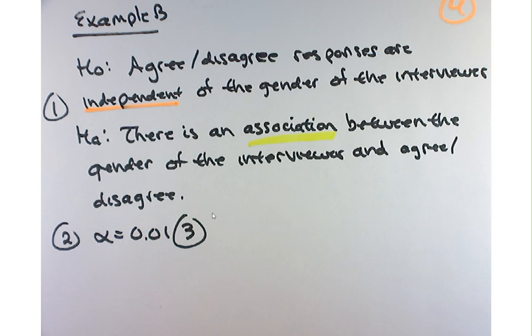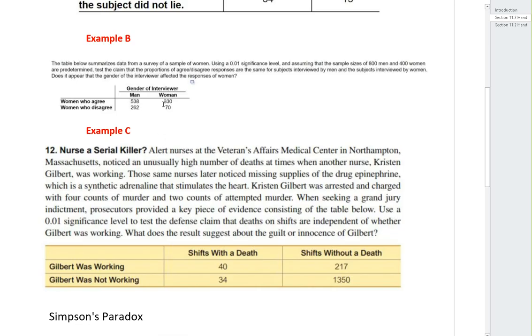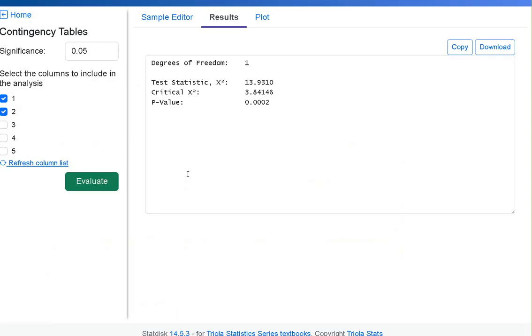So another kind of quick look at the data here for us. Let me go back to the sheet. We have 538 men who agree with women, 262 men who disagree with women, and then 370 respectively for that second column. Let's put that into StatDisk.